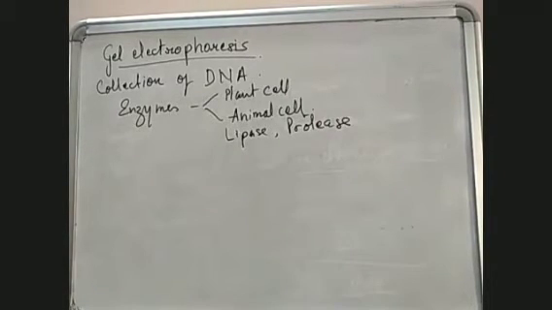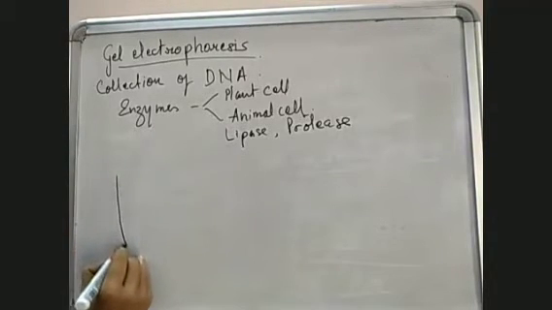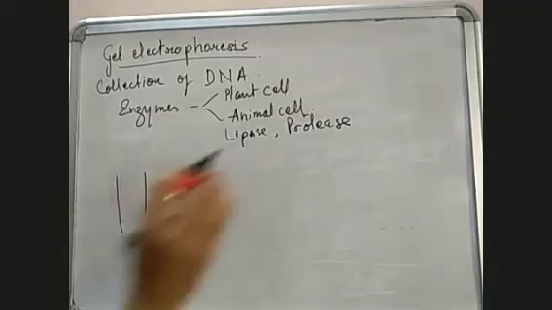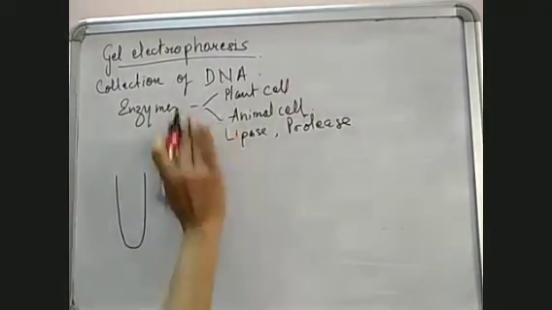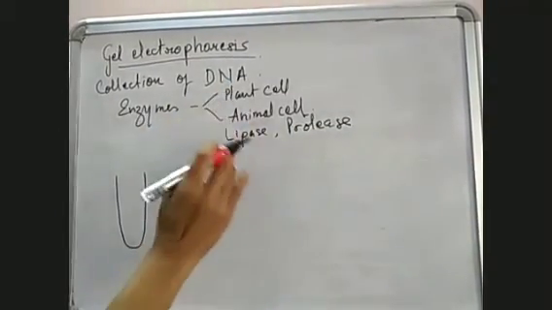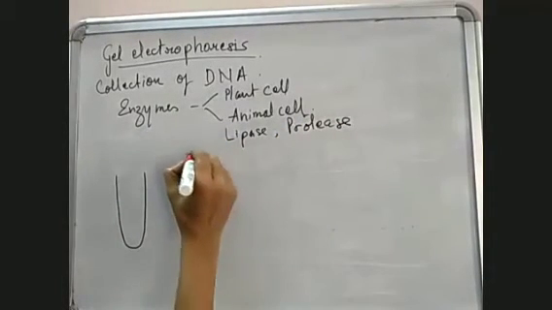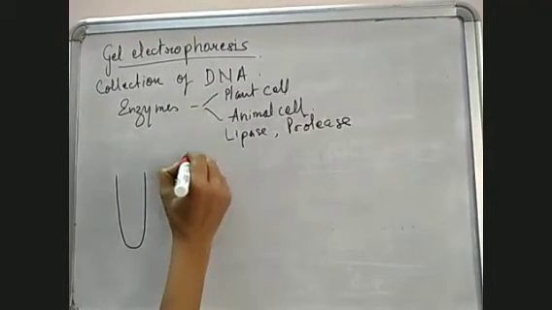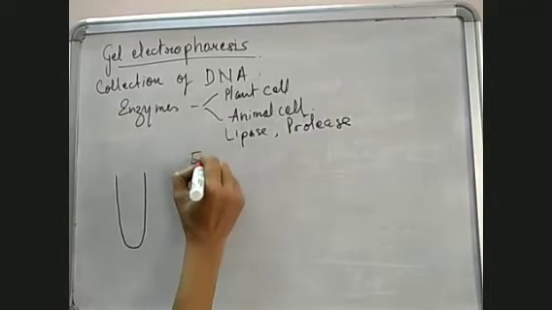So now for separation, there is a technique in which we first mix it with various chemicals, and then we take it in a test tube. Before this, after we take out the DNA from the cells, it is fragmented. It is broken down into pieces by endonucleases.